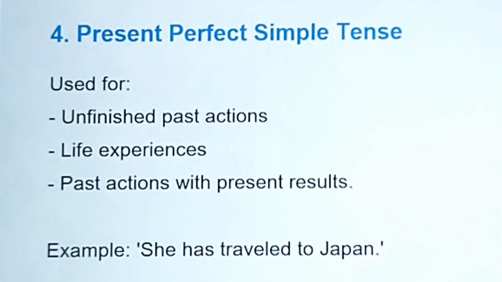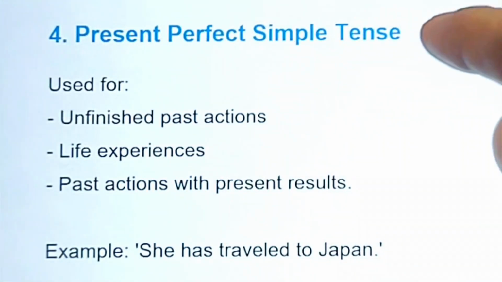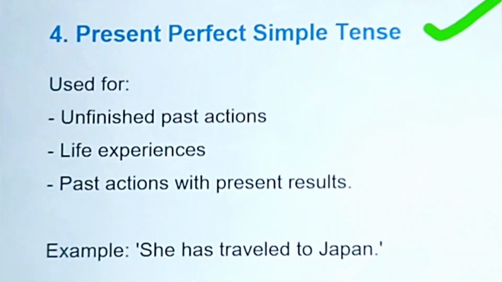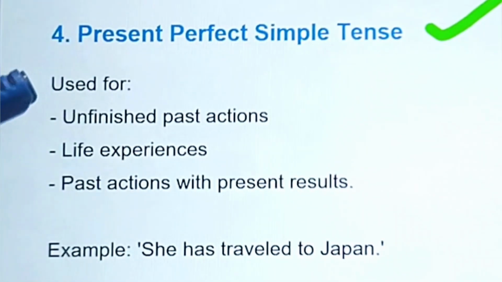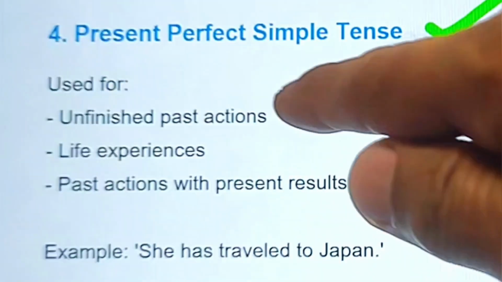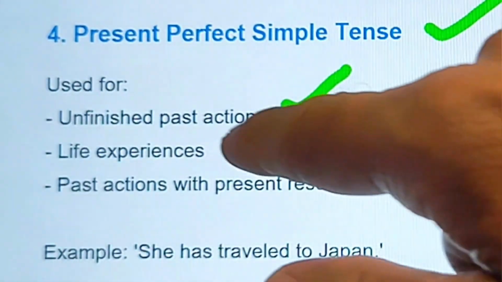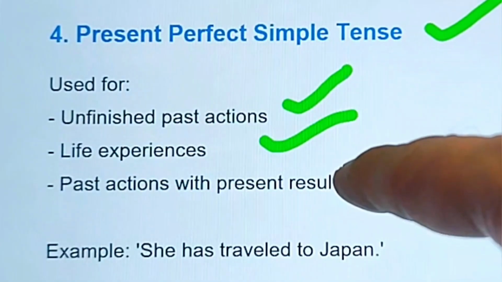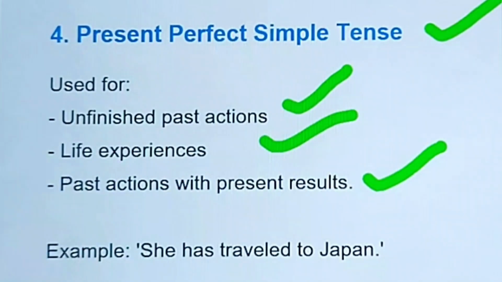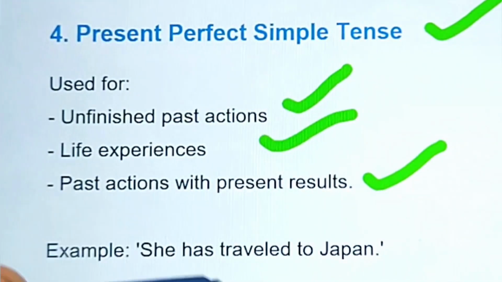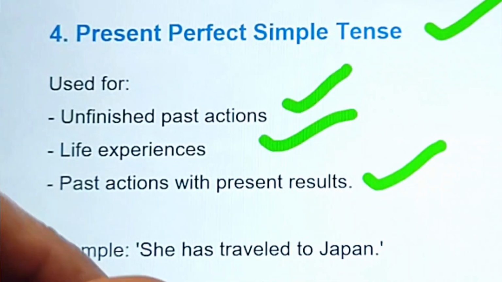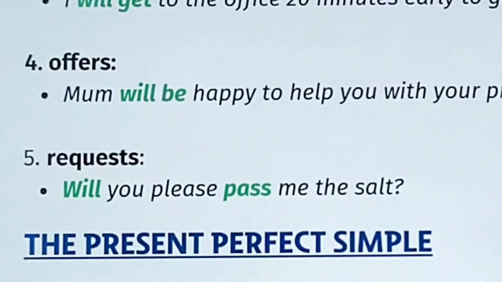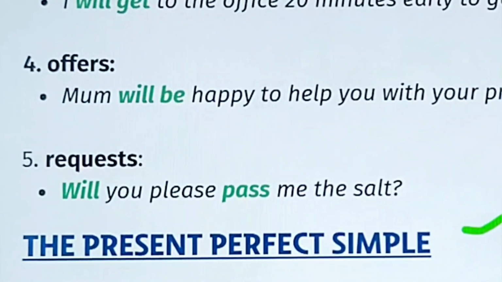Let's move on to the next tense, present perfect simple tense. We use it for unfinished past actions, for life experience, and for past action with present result. An example here, she has traveled to Japan. Let's describe further the present perfect simple tense.